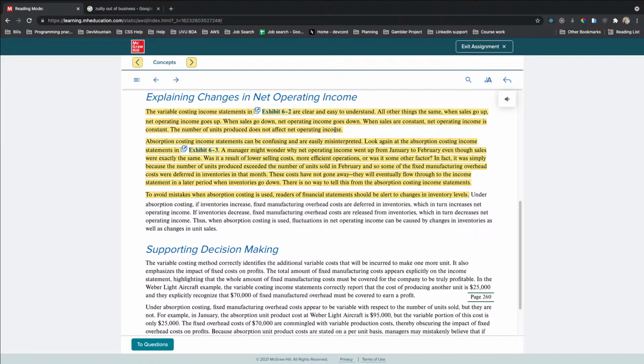I think you're saying specifically assuming that direct labor, direct materials, and manufacturing overhead per unit, as long as that is the same, while when sales are constant, net operating income is the same. When sales are constant, the number of units produced does not affect the net operating income.